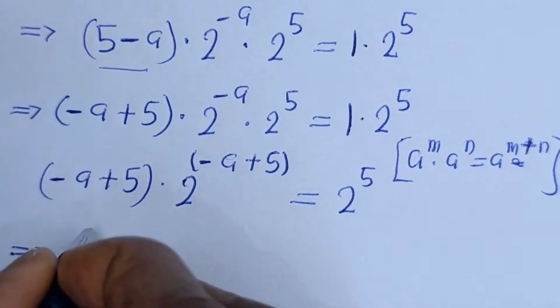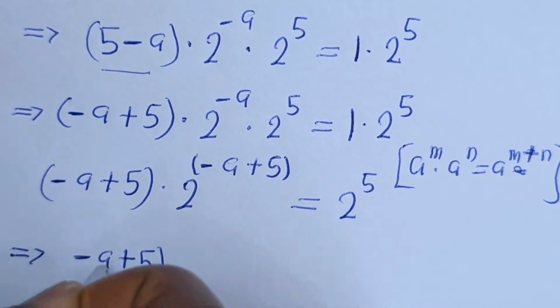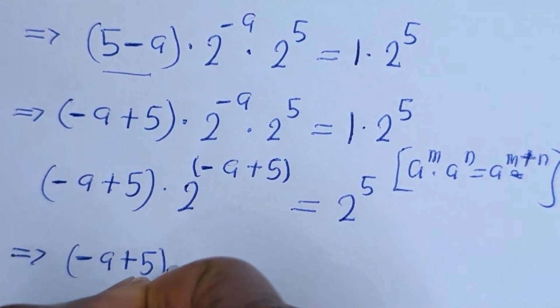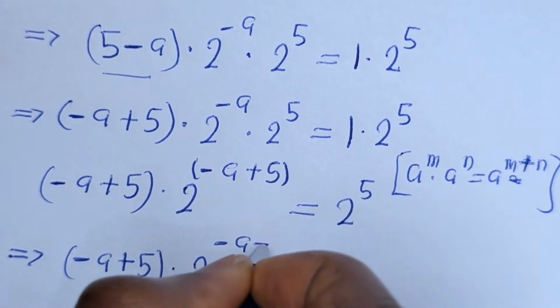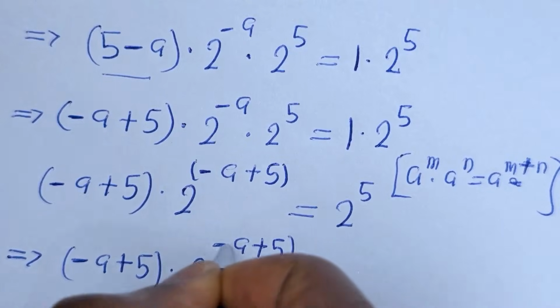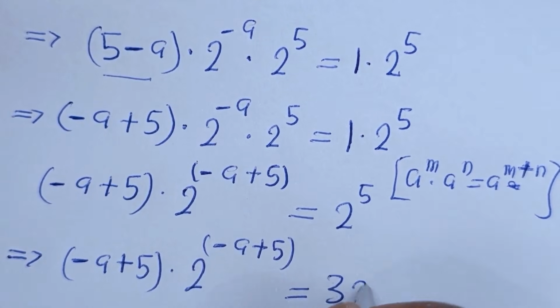Then this is (minus a plus 5) multiplied by 2 raised to power (minus a plus 5) is equal to 2 raised to power 5, that is 32.